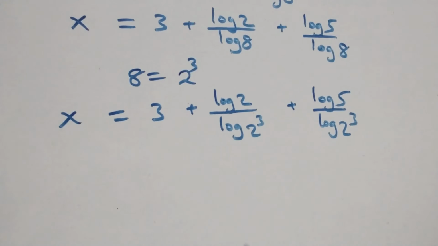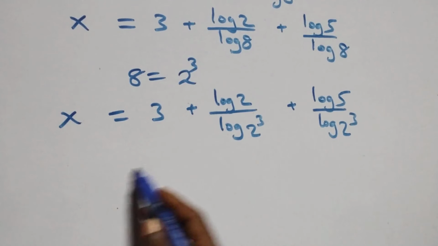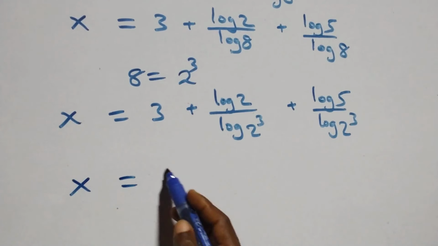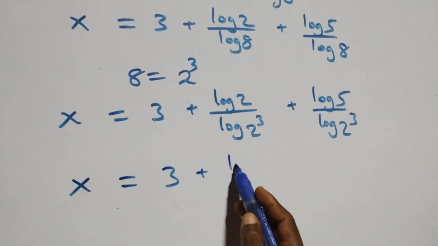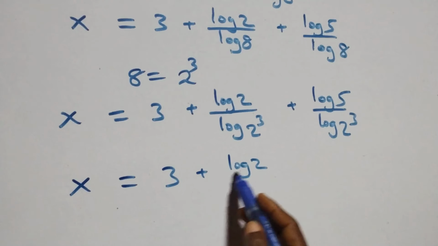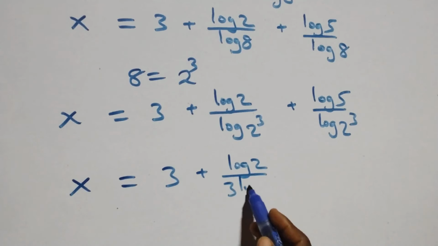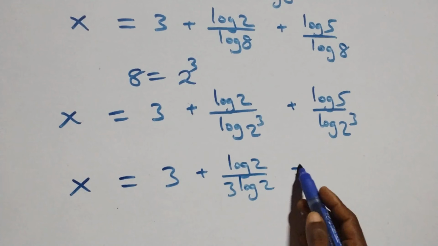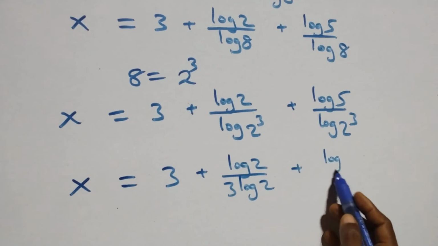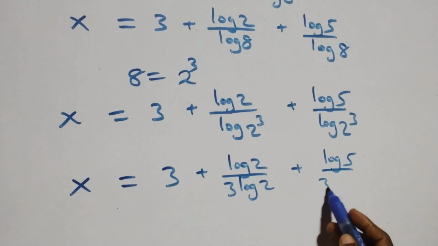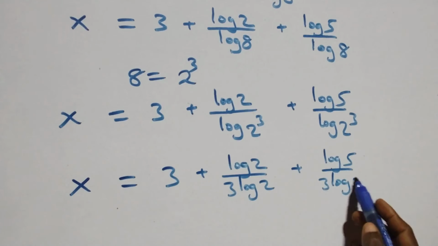Then we apply the power law of logarithm. 3 comes here and also here. We have x equals 3 plus log 2 over 3 log 2 plus log 5 over 3 log 2.